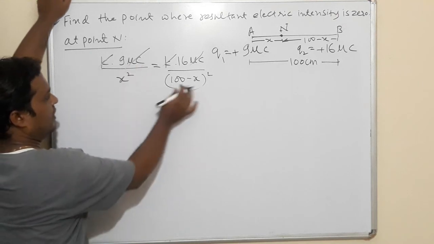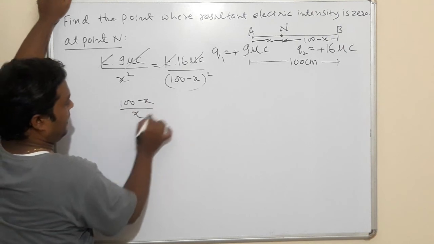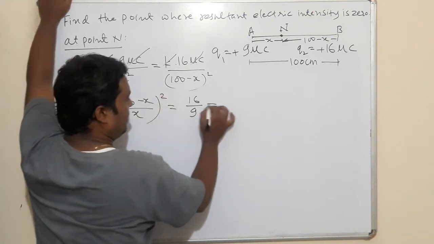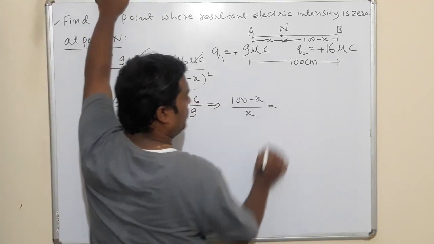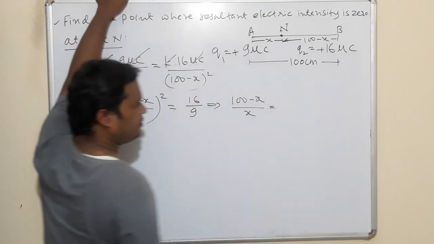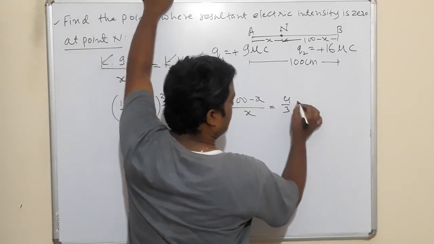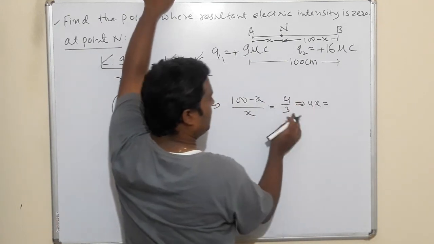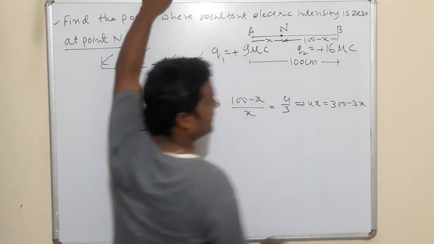Then this 100 minus x goes to this side. 100 minus x divided by x whole square will be equal to 16 by 9, which implies 100 minus x by x will be equal to root of 16 by 9, which is 4 by 3. Then you can calculate it. It is 4x is equal to 300 minus 3x.